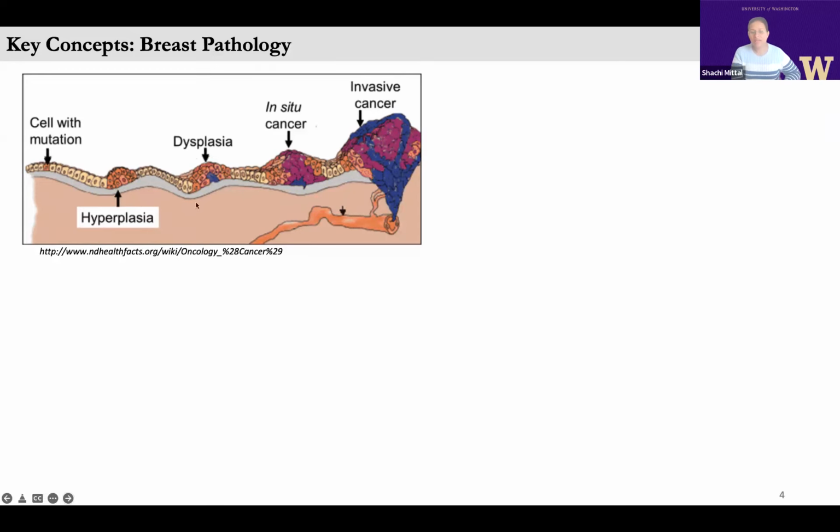When you start having a little bit more accumulation of these cells on top of each other and different types of mutations, but the mutational load is still low, that is when it is called dysplasia or atypical hyperplasia, which is when we have 8 to 10-fold higher risk of developing cancer.